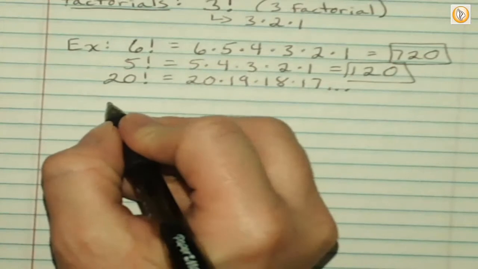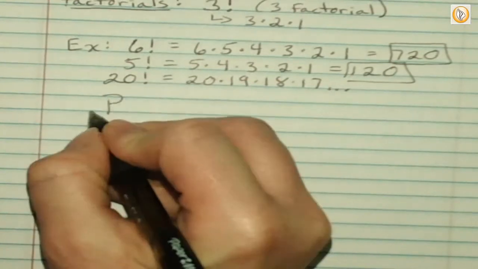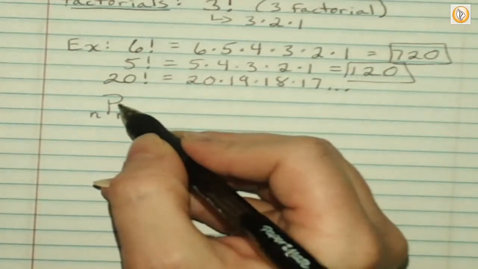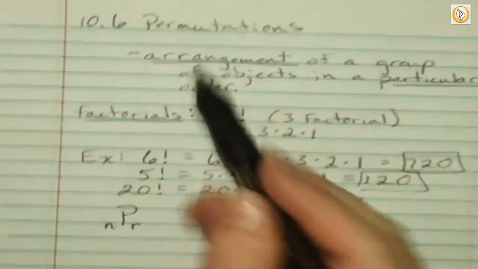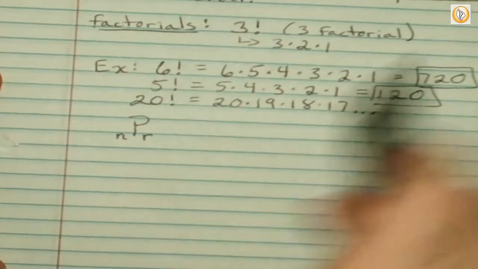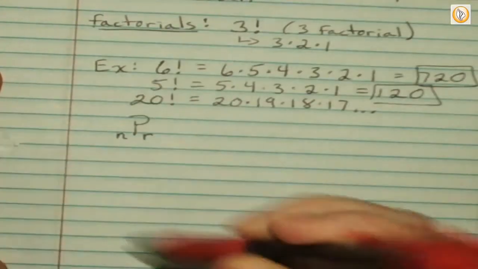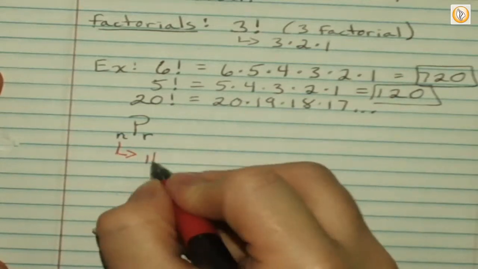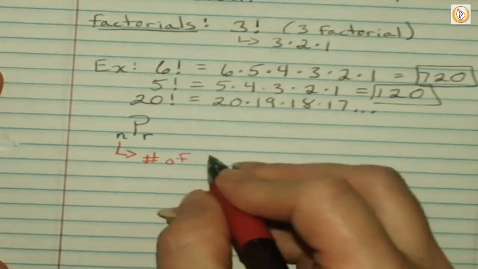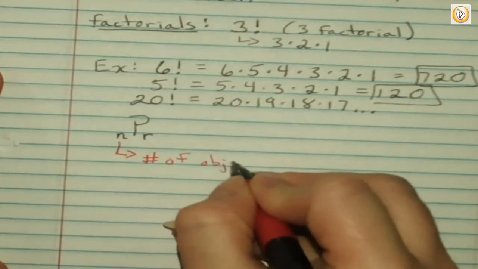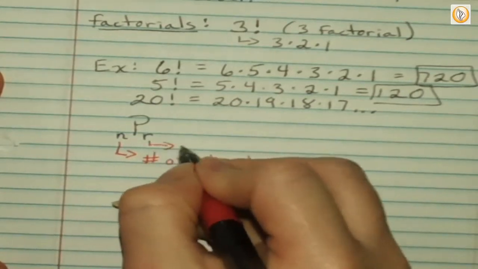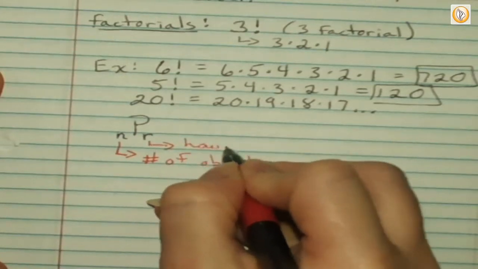So now I'm going to introduce you to the way it's written, the formula. Permutation, because it's P, N, and R. N is the number of objects. R is how many taken.